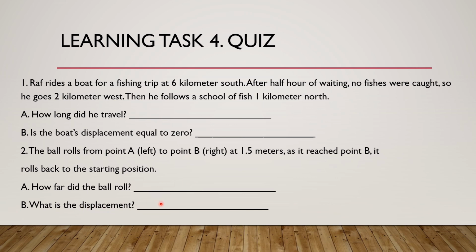How about the displacement? Ang nakalagay dyan, back to the starting position. What is the displacement now? Okay? So, you're going to answer this. Sana naintindihan yung kung paano siya makuha. Yung katulad ng kanina, may sinabi ako kanina, pag bumalik na yung starting position, ano ang kanyang magiging displacement? At ano ang kanyang magiging distance?